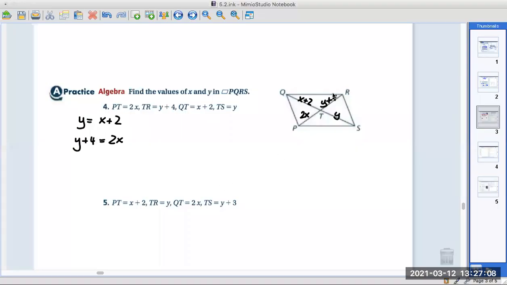So I labeled my picture with what's given here, with all the segments. I wrote the parts next to it, and then I wrote the two equations. This is equal to that, and this is equal to that, because they're diagonals. So now I have two equations. I want you to try yourself and see if you can solve this, and pause the video and then check with me how I solved it, if you got the other answer.